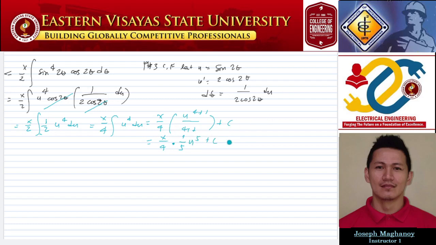Multiplying, that would be x over 20 u to the fifth plus c. Then we recall the value of our u, that is sine 2 theta, copy the power, plus c. So this is your answer for your second term.